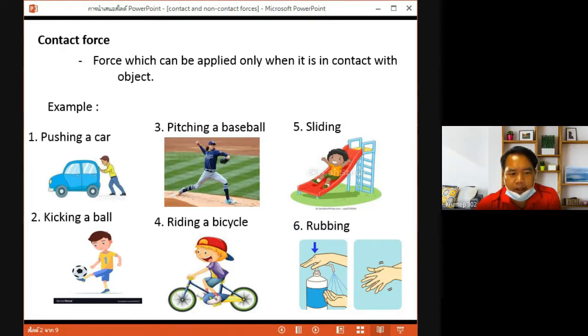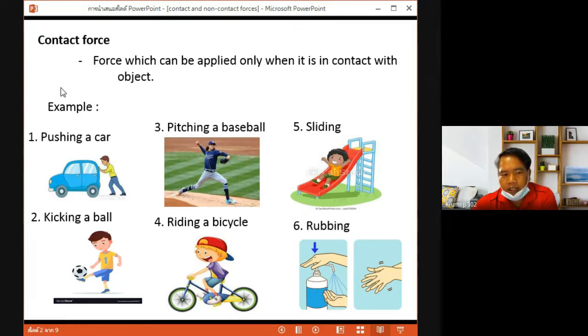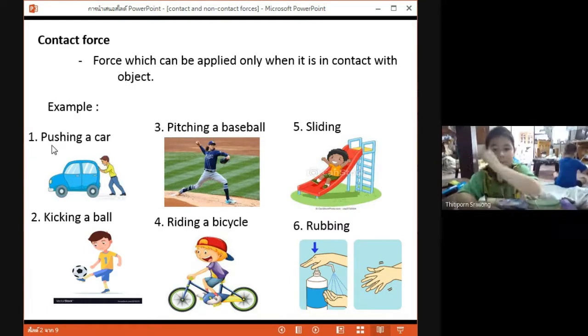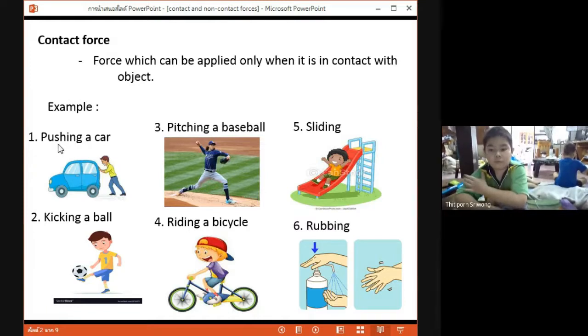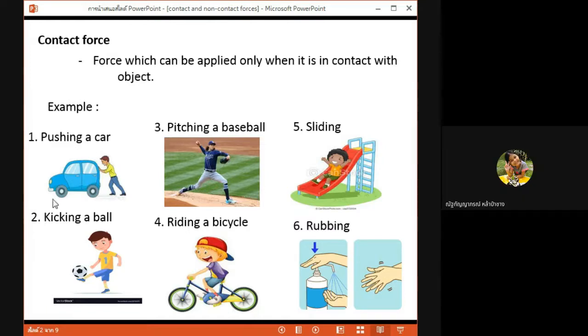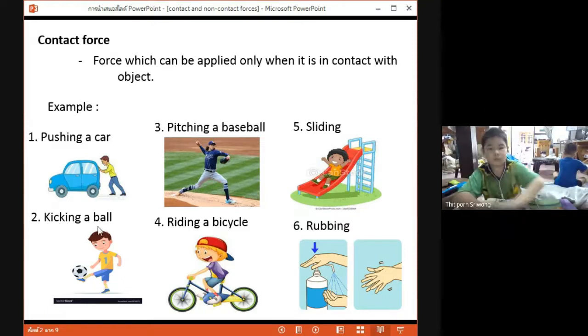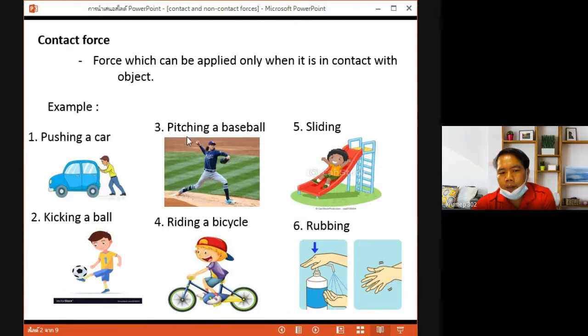Again, students, let's read the given examples of contact force. Number 1, pushing a car. Number 2, kicking a ball. Number 3, pitching a baseball.